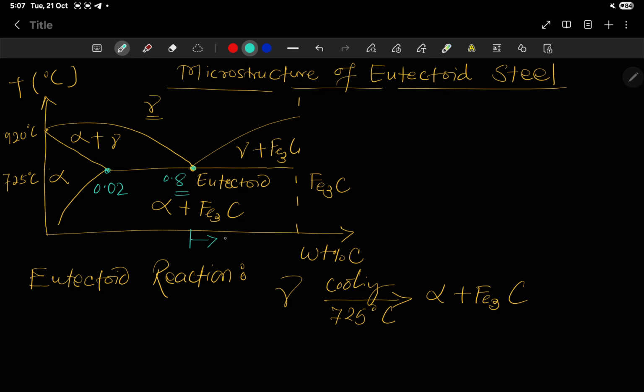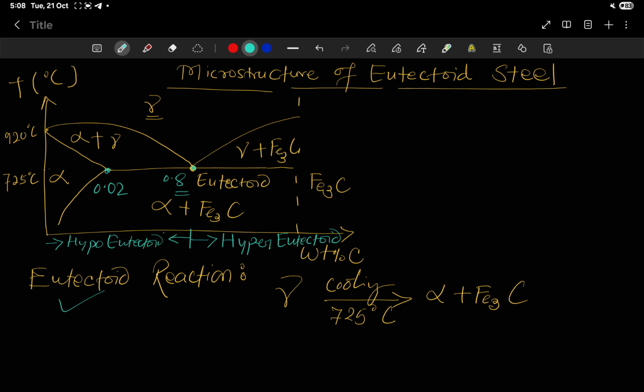After the 0.8 weight percentage, the region is called hypereutectoid region, and the region before 0.8% is called hypoeutectoid region. Okay, so these are two regions, and this is the eutectoid reaction which is happening at the eutectoid point.